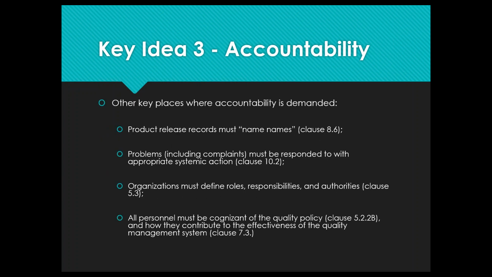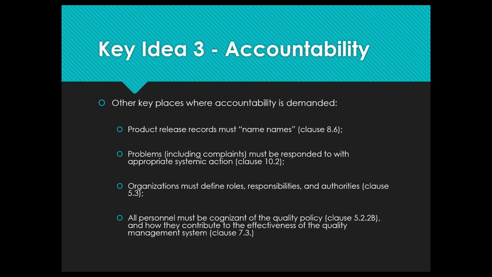Now, this whole idea of accountability comes up in several more places. In 8.6, it says that product release records need to name names. They actually want you to tell us who inspected this product and said it was okay, not just that it was inspected, but by whom. Complaints that come in have to be responded to with systemic action.